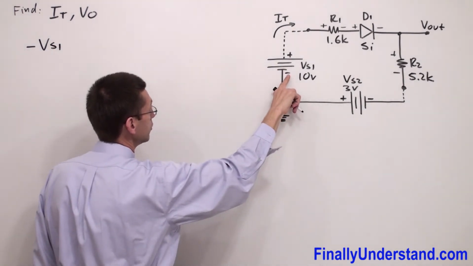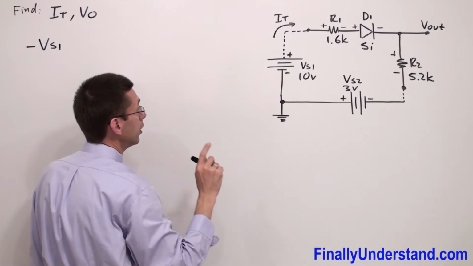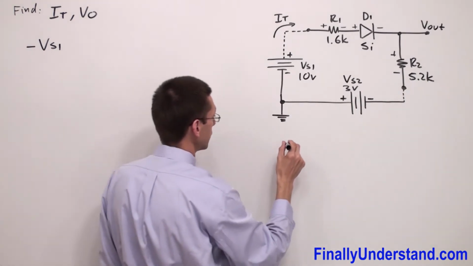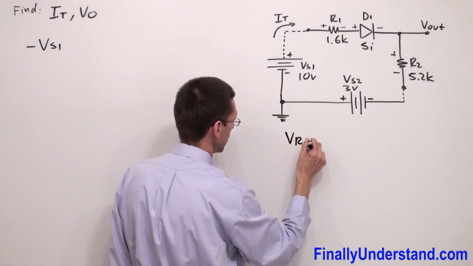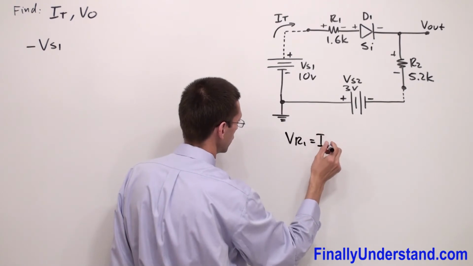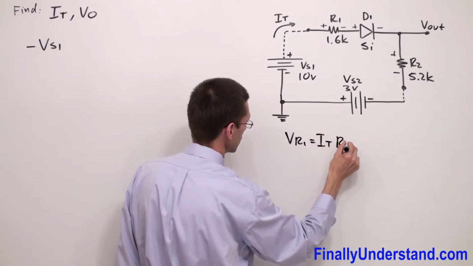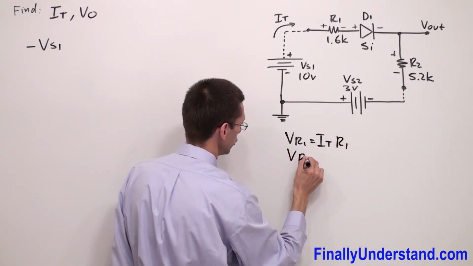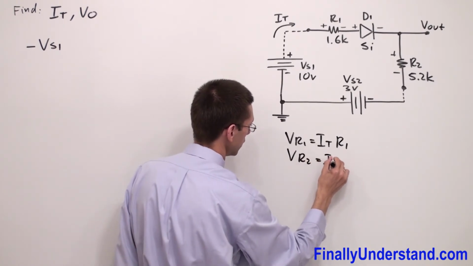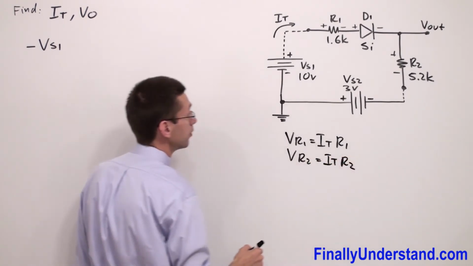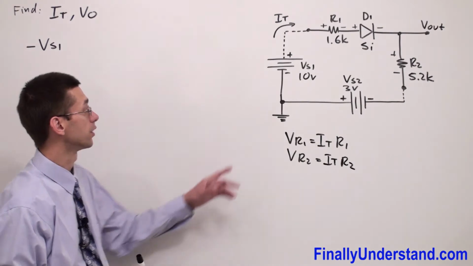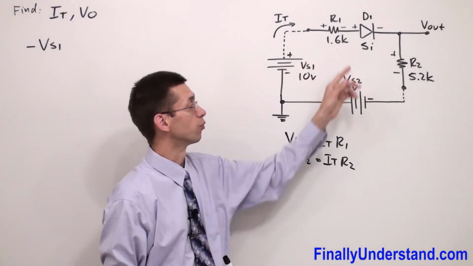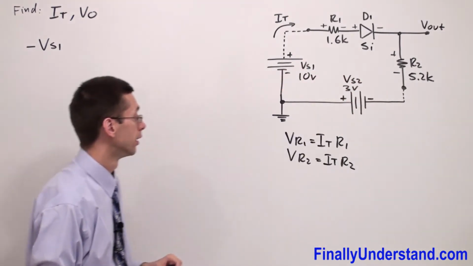Let me remind you one more time that the voltage across resistor R1 is calculated by multiplying I total times R1. VR2 is I total times R2. Because this is a series circuit, I use the same current for both resistors.